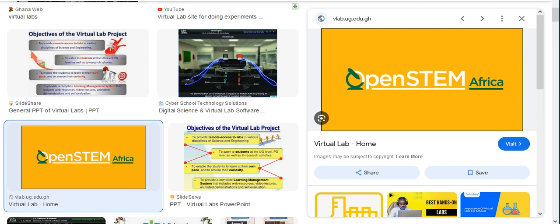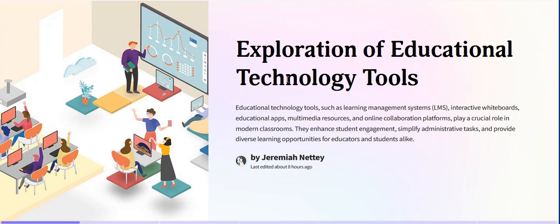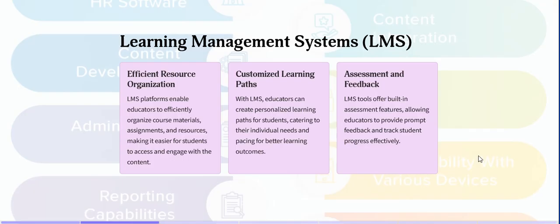You remember in the first part of the training, I spoke about learning management systems and I introduced one such learning management system called Gibbon. Gibbon is a free, open source learning management system that you can have installed on your school's website and use forever for free.